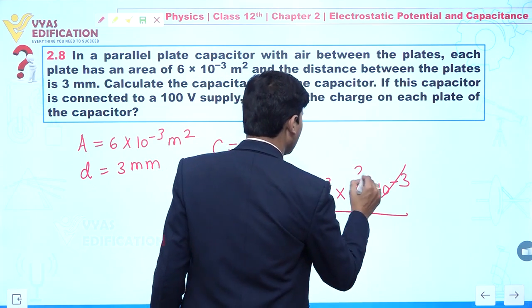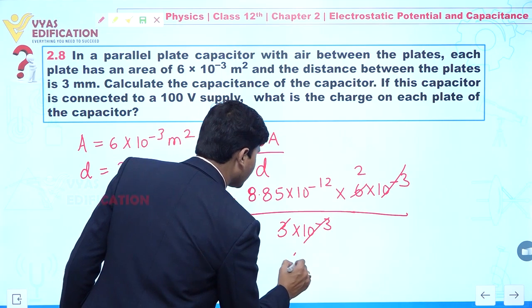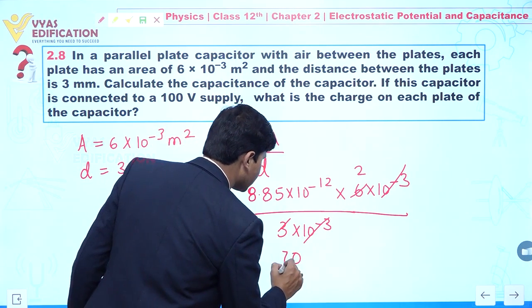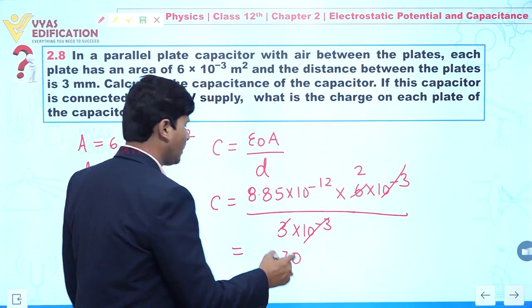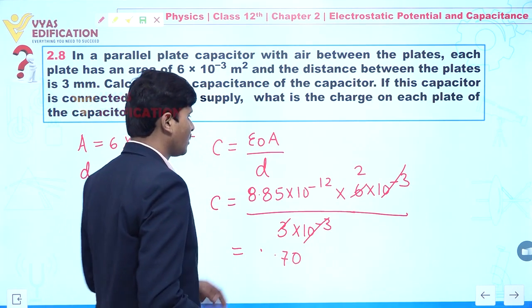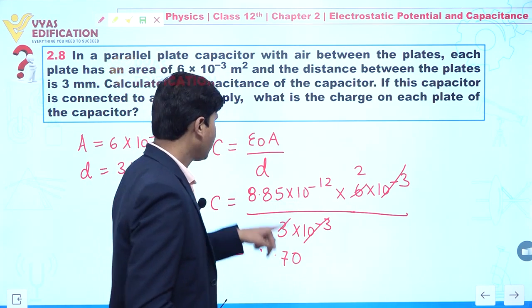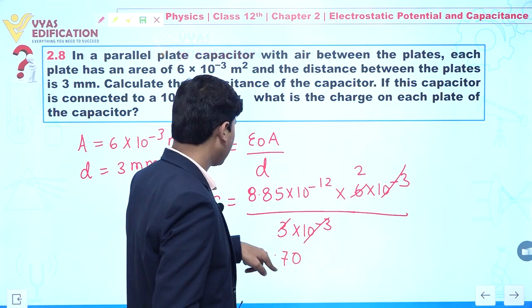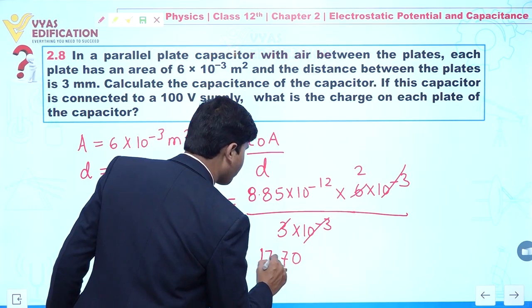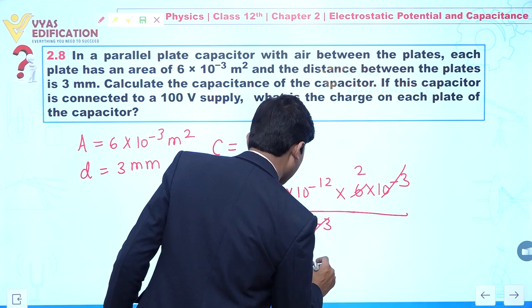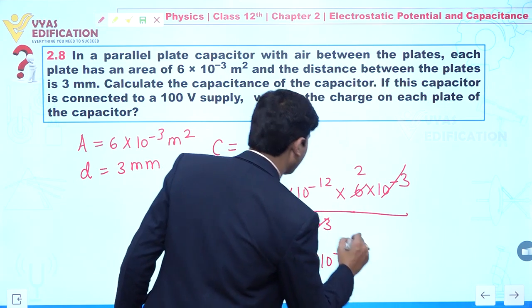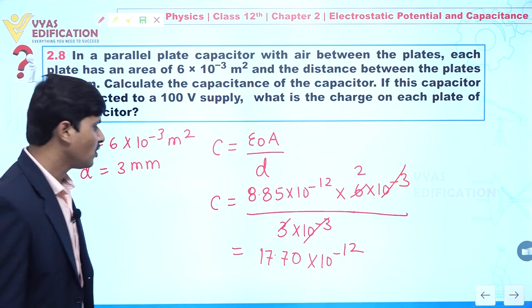Here we have 2, so if we multiply it with 2, we get 17.7, multiplied with 10 to the power minus 12. So this is the value of capacitance.